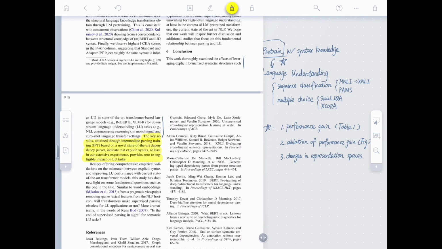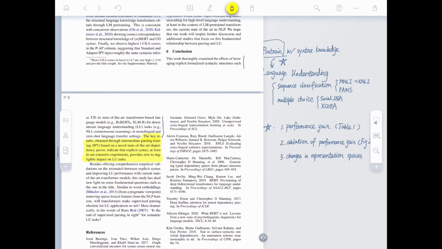This study also sheds new light on some fundamental questions, such as the one in the title: will transformers make supervised parsing obsolete for language understanding applications or not? More dramatically, is the end of supervised parsing in sight for semantic language understanding tasks?